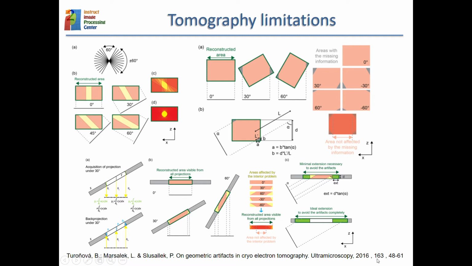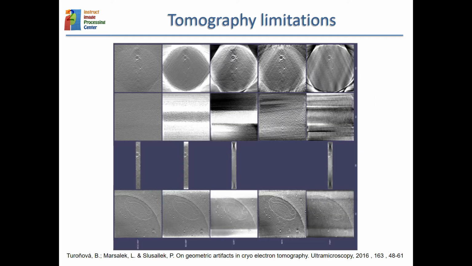And this paper here is a very good description of the geometrical artifacts that you may find in electron tomography. And here you have some figure from the paper. And what we see here is that depending on what the limitations are, you might have very different 3D reconstructions of the same object.